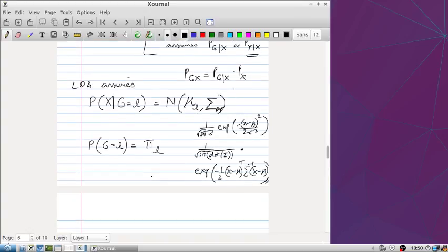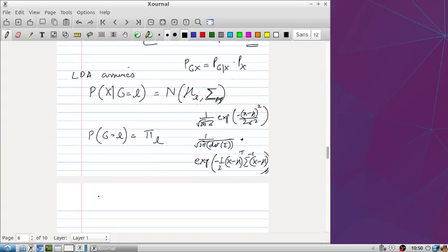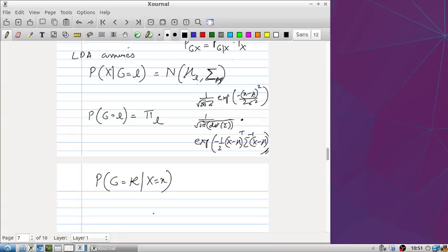Okay. So given just these two, I can say something about the probability of G equal to little k given x equal to little x. Why is that? I can use the definition of conditional distribution.